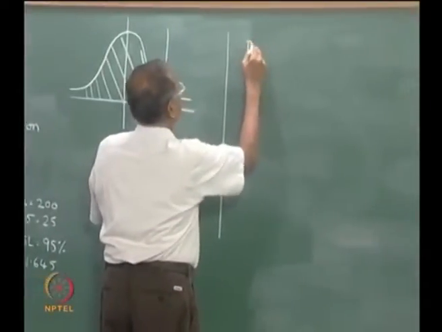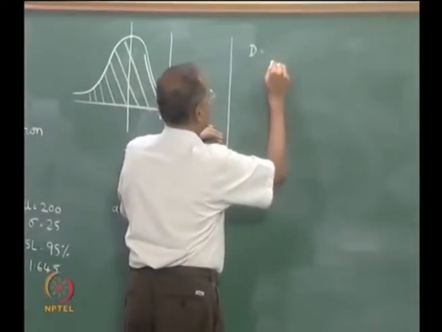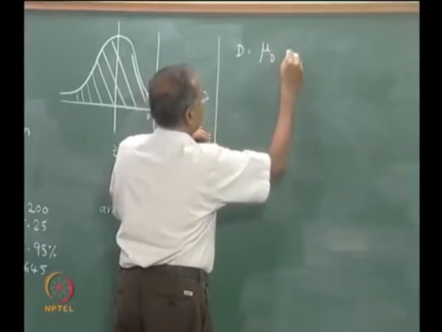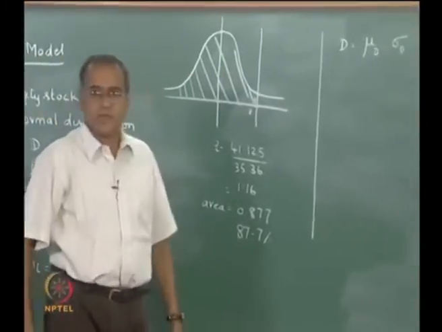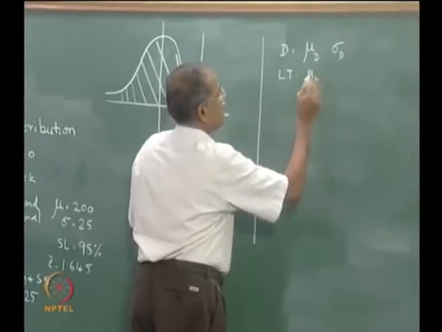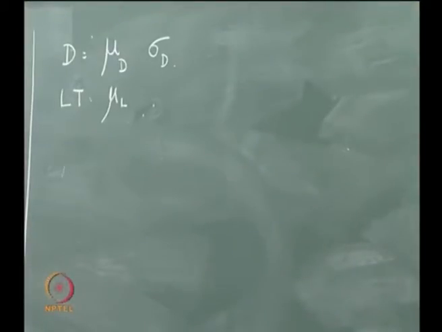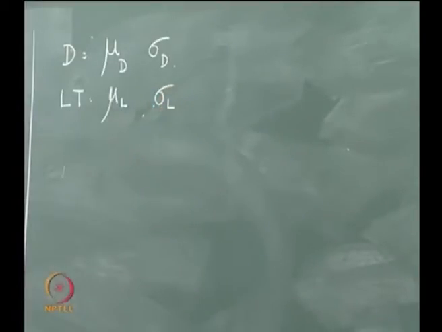Demand follows a distribution with mu d as the mean and sigma d as the standard deviation. And now lead time also follows a distribution, so let us call mu L the expected value of the lead time and sigma L the standard deviation of the distribution of lead times. So, in this example, both demand as well as lead time follow certain distributions.